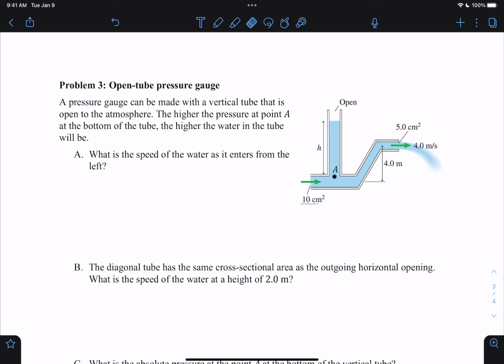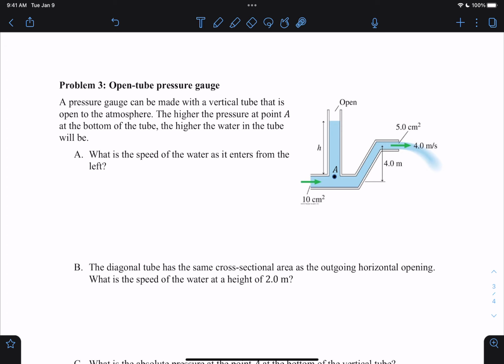So part A, they're asking, what is the speed of the water as it enters from the left? They're giving us the area here.